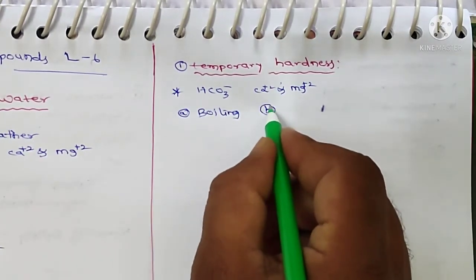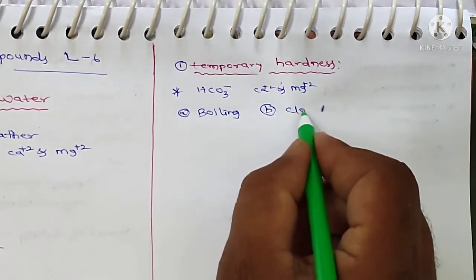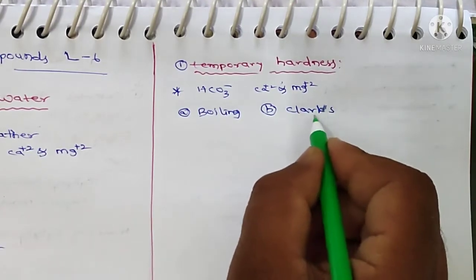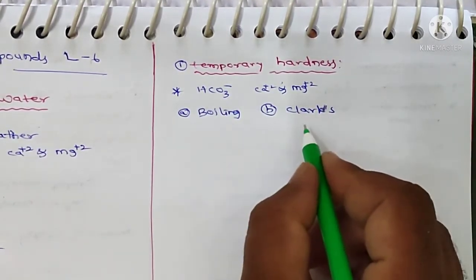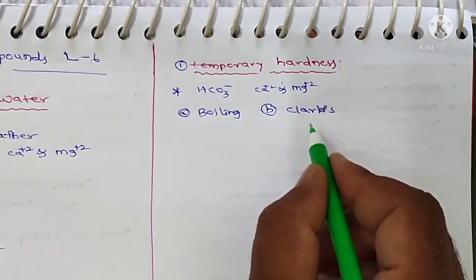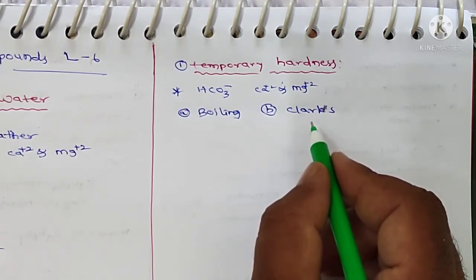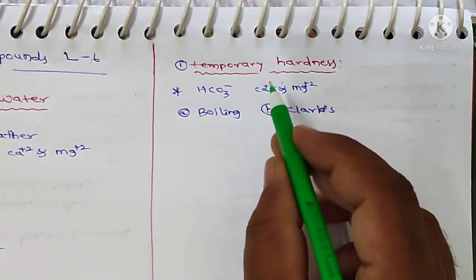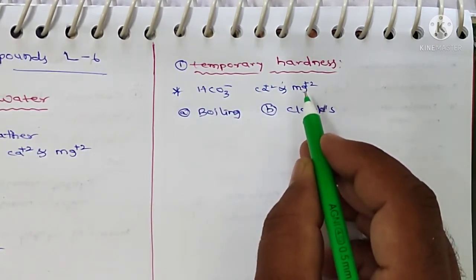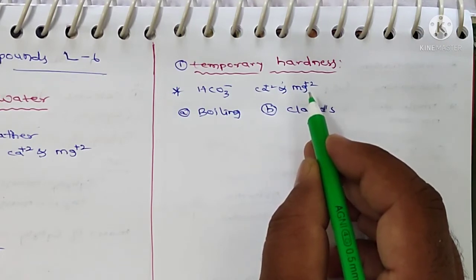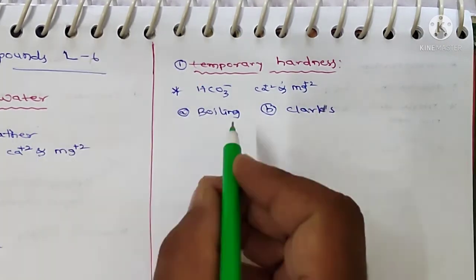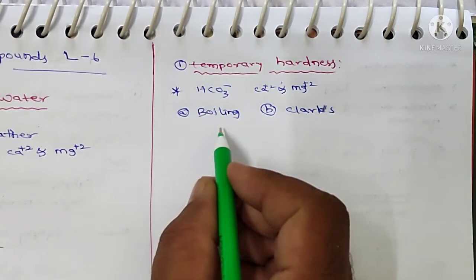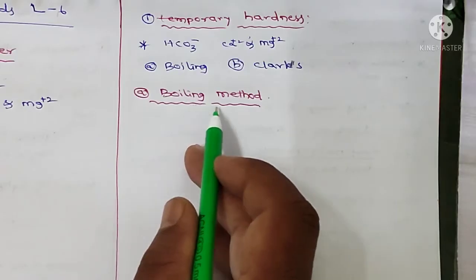So these 2 methods are useful to remove temporary hardness, meaning we can remove the bicarbonates of calcium and magnesium from the hard water. Let us take the first one, the boiling method.